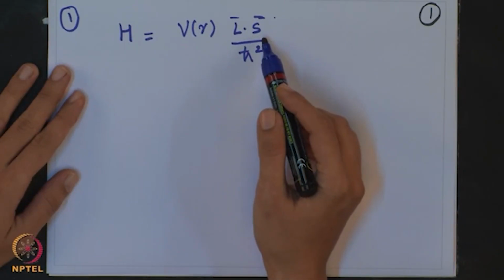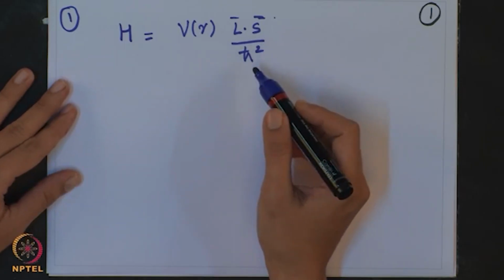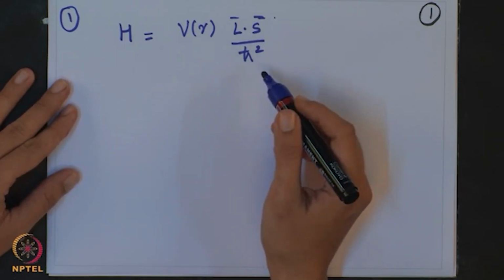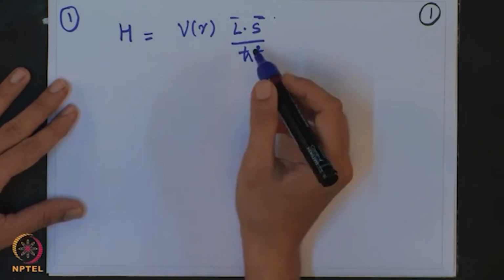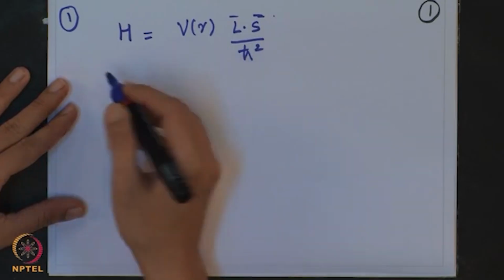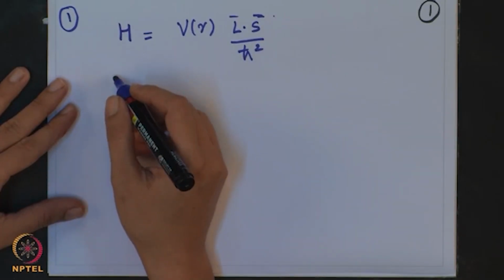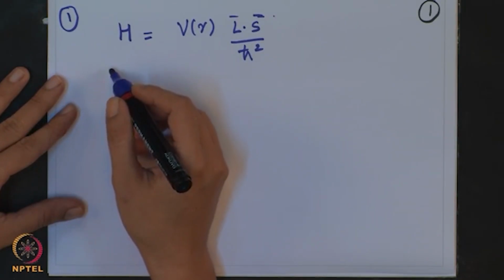Okay. And in this problem you are asked to find out the energy eigenvalues or the energy values for the coupled system. So, let us start by writing.